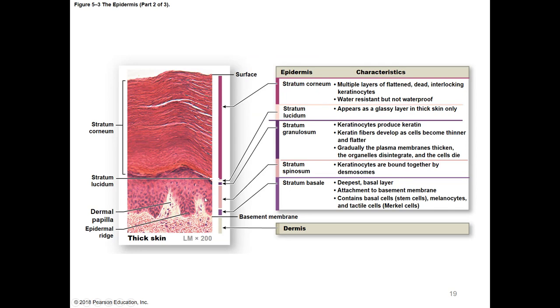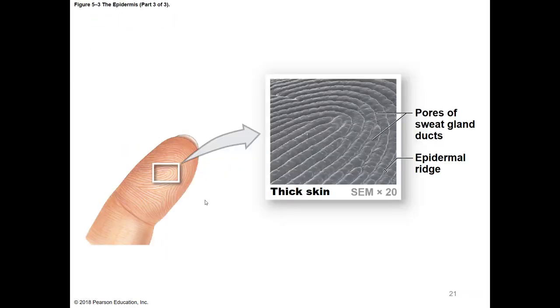Okay, so we looked at where that was down here at the bottom. We want to move up now to the next layer of strata. Before we do, let's touch on one more thing regarding the epidermal ridges. Epidermal ridges are very noticeable and steep on the fingertips, and because of that, they actually cause the skin to ripple on the surface, and we call those fingerprints.